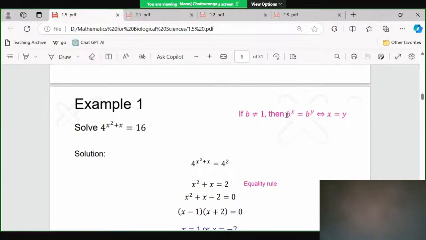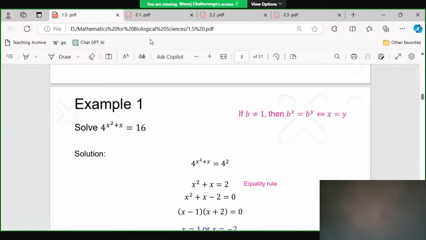So imagine, recall the one-to-one property. One-to-one says if b to the power x equals b to the power y, then x equals y. As long as you have the same base, powers must be equal. So for this equation, 4 to the power x squared plus x equals 16, we don't have any unknown values in the base. We have unknowns in the exponent.